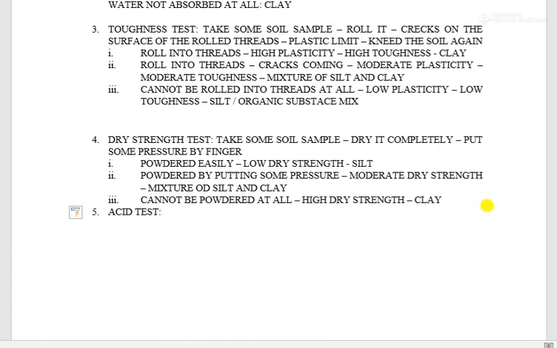Obviously, if there is some organic substance mixed in the soil, then you may have a feeling of some spongy material. In that case, you may easily find out if there is some organic substance or not. But to conclude firmly, you have to go for a test.